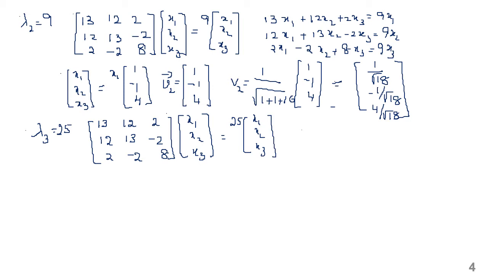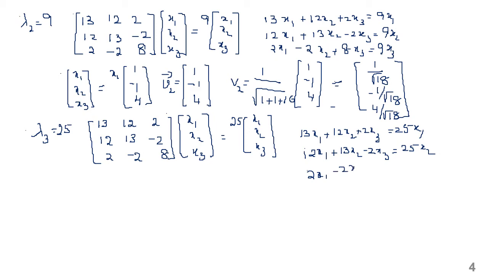When I simplify this, I get 13x1 plus 12x2 plus 2x3 is equal to 25x1. Second equation is 12x1 plus 13x2 minus 2x3 is equal to 25x2. Third equation is going to be 2x1 minus 2x2 plus 8x3 is equal to 25x3.